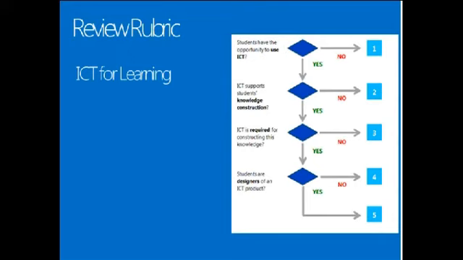This rubric really looks at whether or not students have the opportunity to use technology, and then whether or not students' use of it is really in the name of knowledge construction.